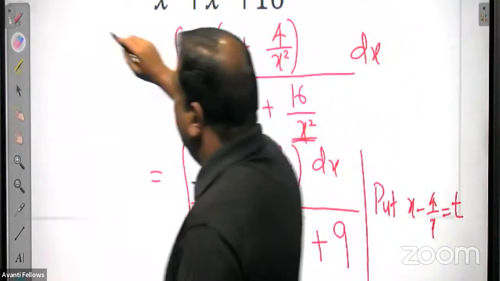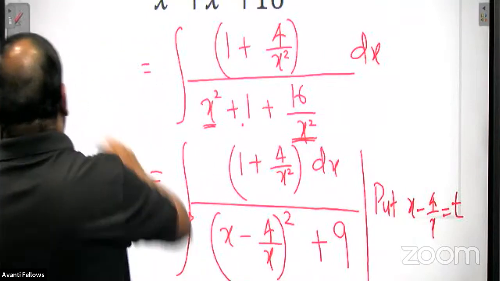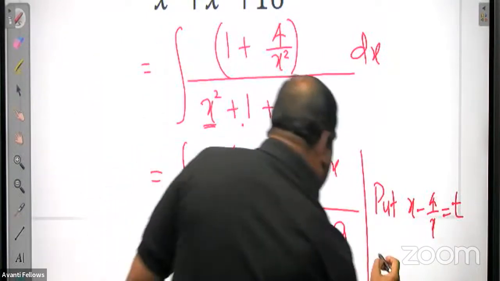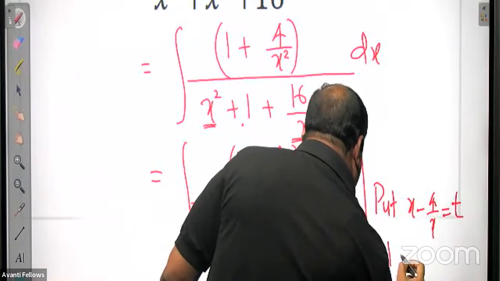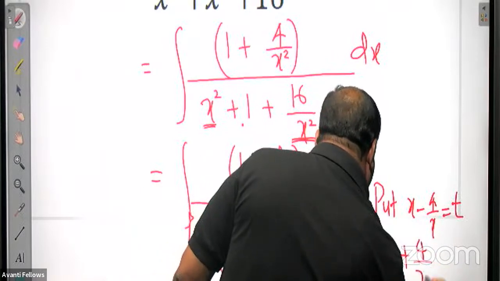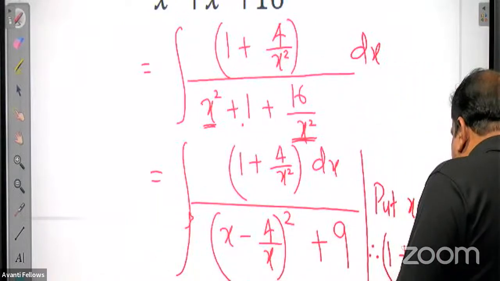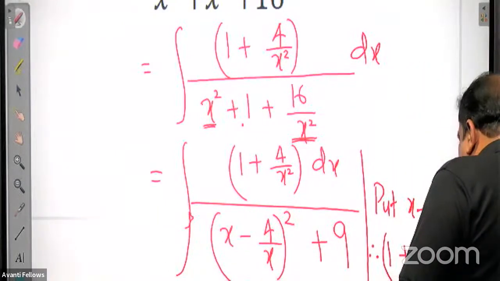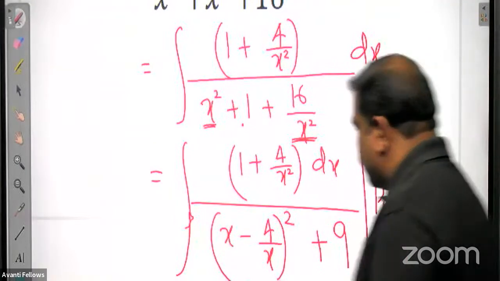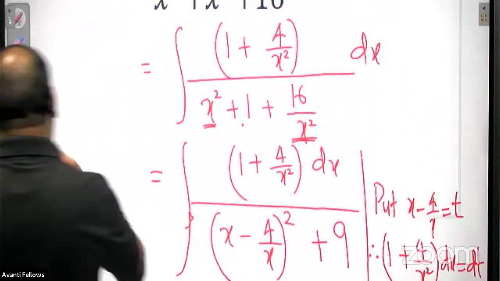X minus 4 by x equal to t. So that means 1 plus 4 by x square, derivative of x minus 4 by x, okay, into dx is equal to dt. Now our problem is solved.